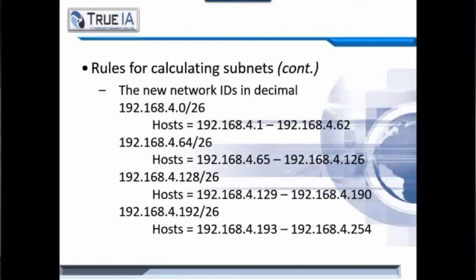So now, with our new /26, our first network has the available host space of 192.168.4.1 through 192.168.4.62. Our second, 192.168.4.65 and 192.168.4.126, and so on.